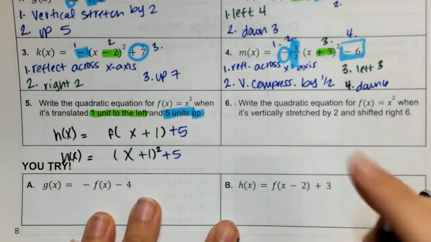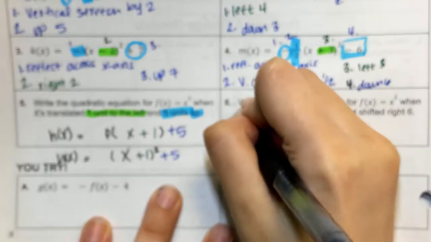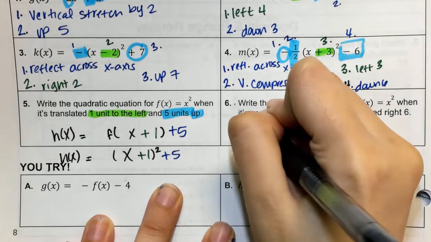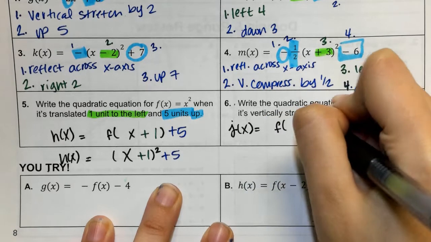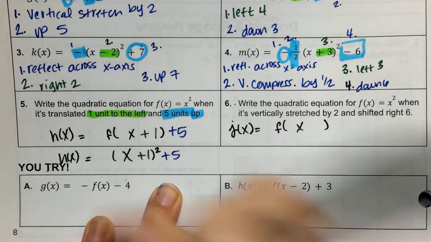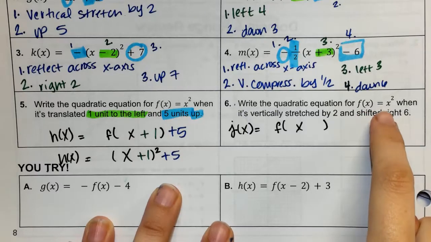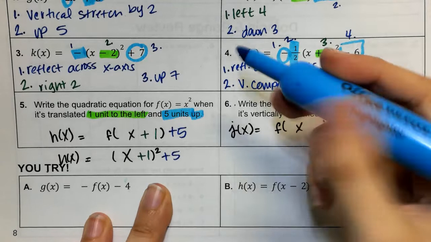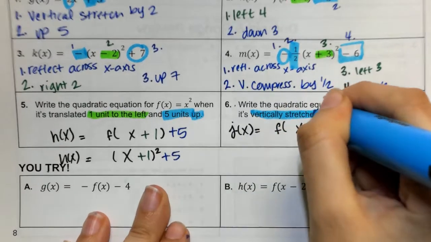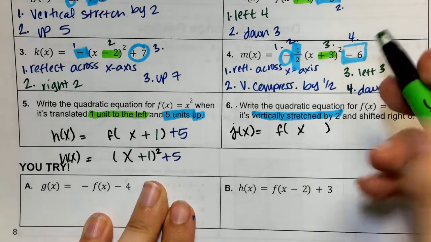For example 6, same idea. Let's say I want to use j this time. J of x equals, leave space in front, right in front of x, leave space inside. Write an equation for f of x equals x squared when it's vertically stretched by 2 and shifted right 6.